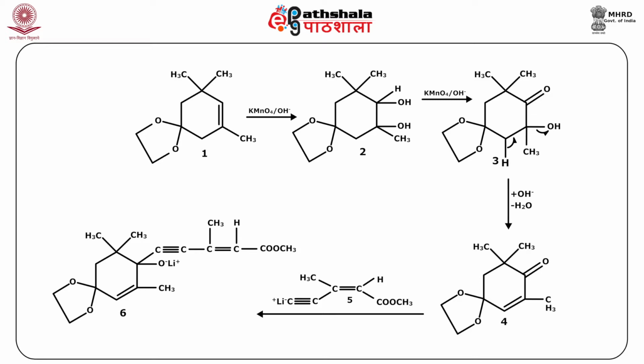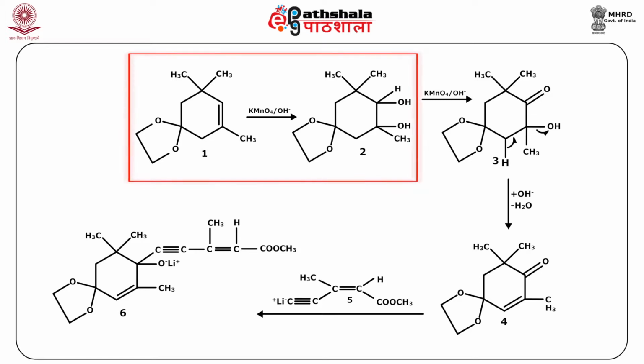In step 2, the ketal which is formed in 70% yield, on reaction with potassium permanganate under basic condition, forms a cis diol. Here one hydroxyl group is a secondary hydroxyl group while the other is a tertiary hydroxyl group.